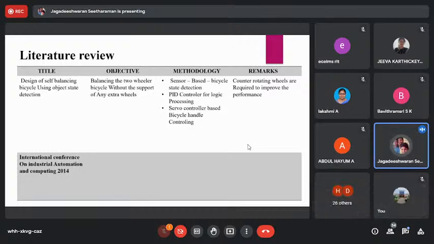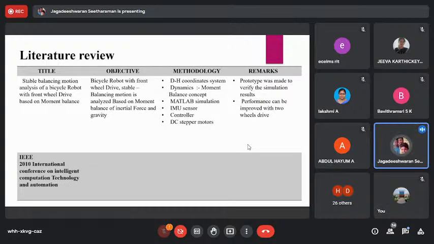And the next paper is stable balancing motion analysis of a bicycle robot with front wheel drive based on the moment balancer, which was published in the IEEE 2010 International Conference on Intelligent Computation Technology and Automation.